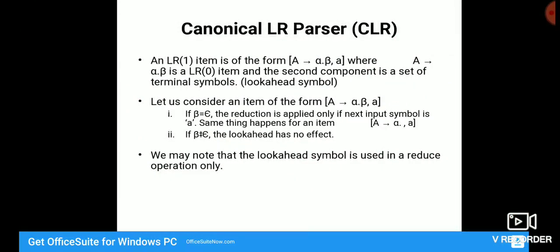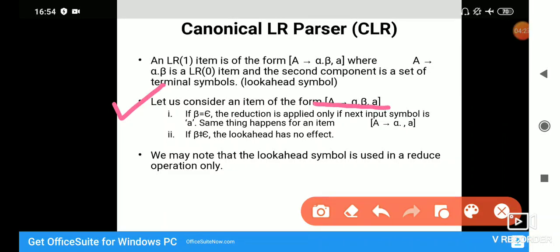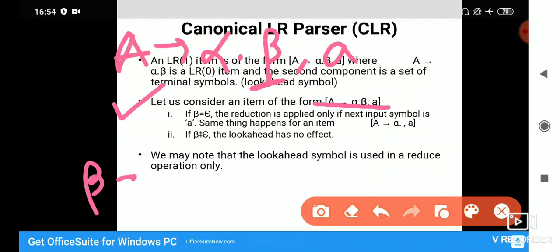Now when we take A to alpha dot beta, a, in this case, if beta is epsilon, that means beta is not present, it is null, then the reduction is applied using the next input symbol, that is a. We reduce it based on a.